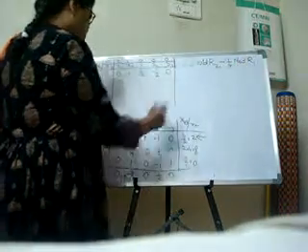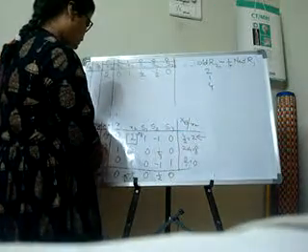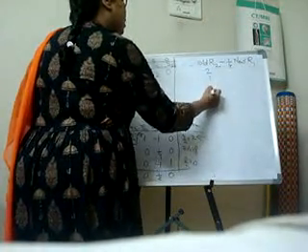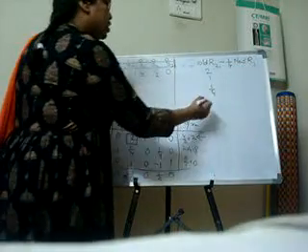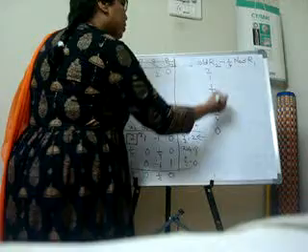Now old R2 values are 2, 1, 1 by 4, 0, 1 by 4 and 0.